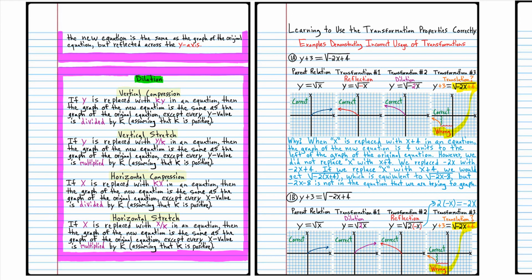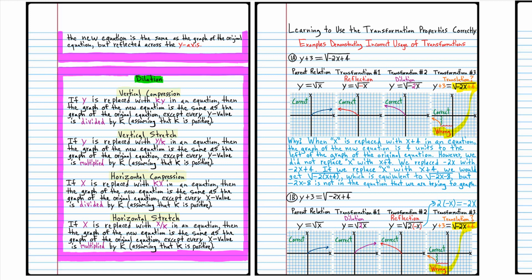In the previous class, we graphed complicated equations using the transformation method. And I mentioned that the biggest problem that students have is they think they use the transformation properties correctly, but actually they don't apply the properties correctly.